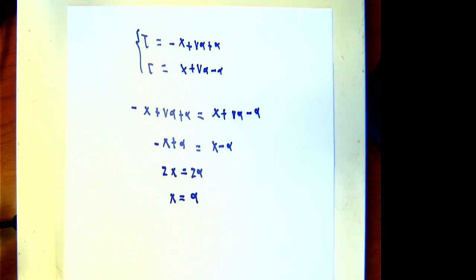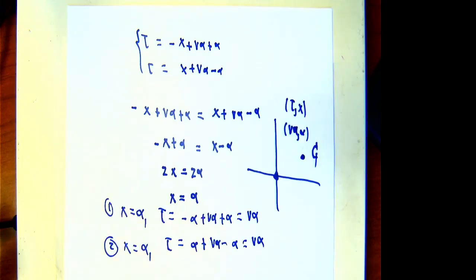As a sanity check, I'll make sure I get the same answer both ways. Putting x equal alpha into either one of those two equations results in the time value being v times alpha. So I do actually have my point of intersection.